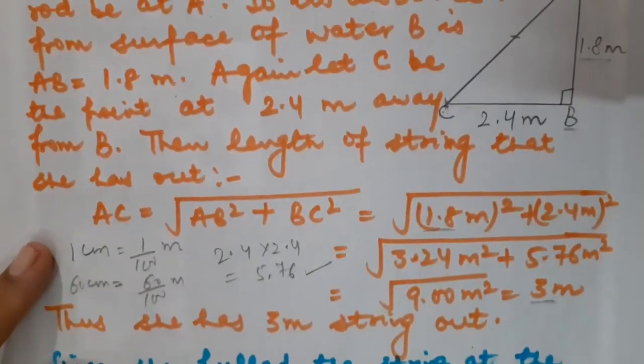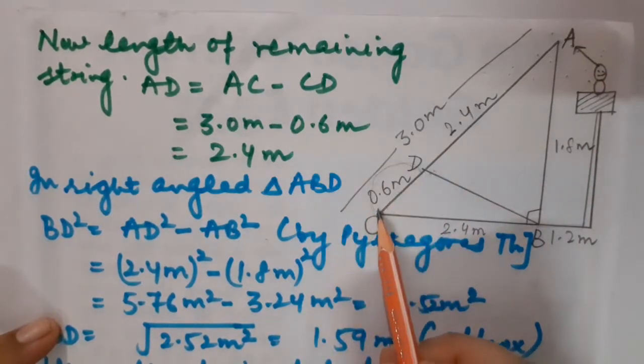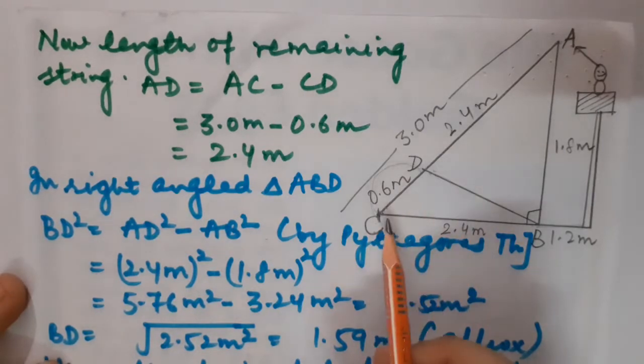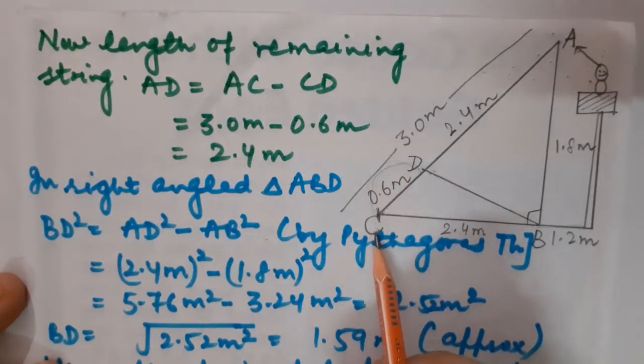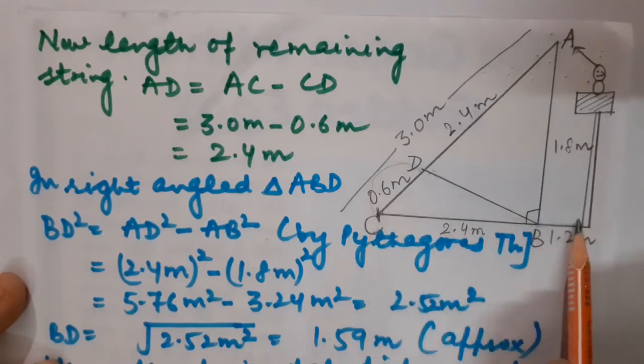Okay children, one more point I want to include here. As you know, C is the position of the food, which is attached to the hook so that the fish can be caught easily. This food item, or I should say the particle, is kept 3.6 meter away from the position of Nazima.